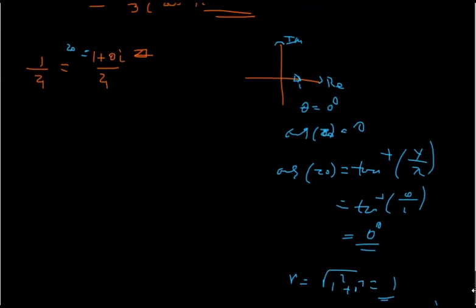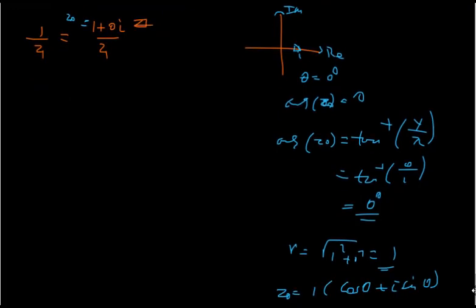Okay, so let's move on. As you know, the quotient of two complex numbers in polar form will be the quotient of the moduli and the difference of the arguments.